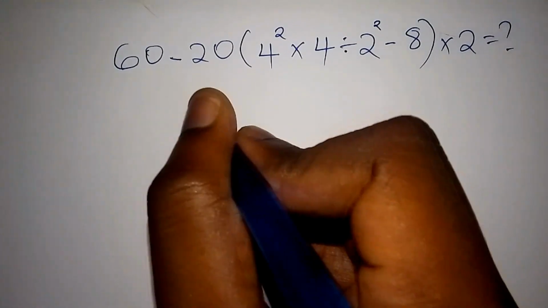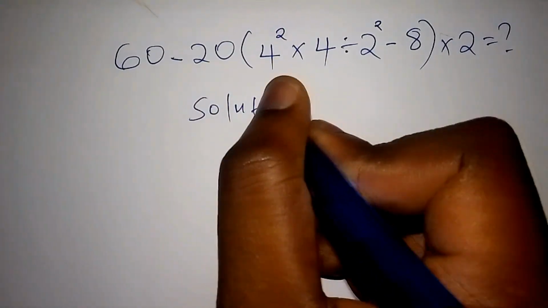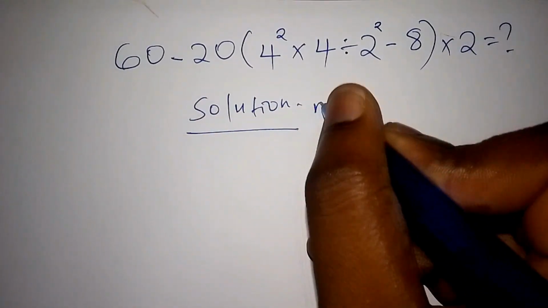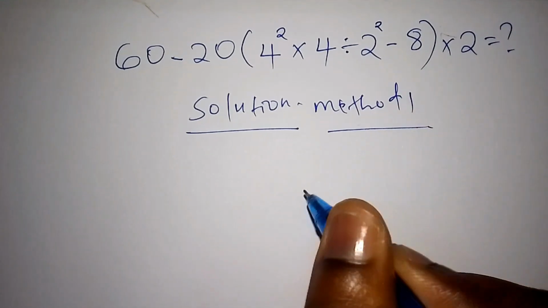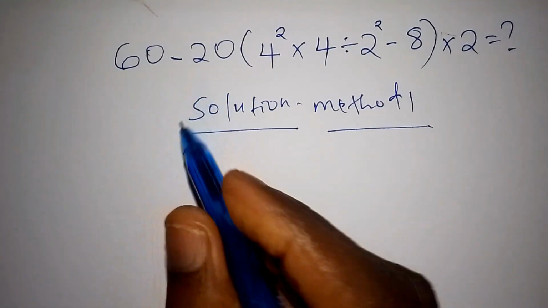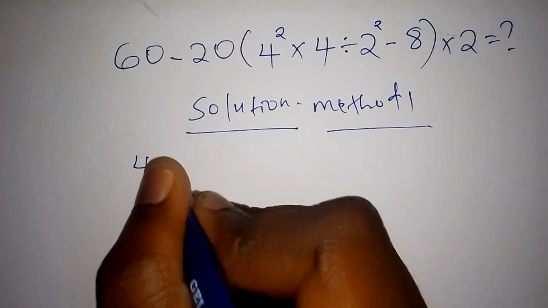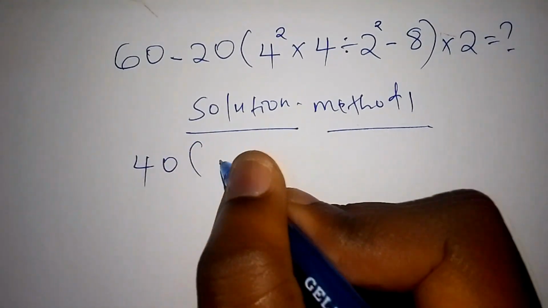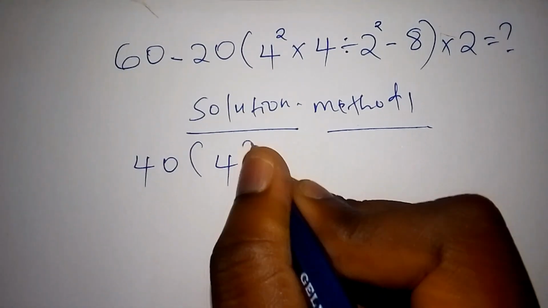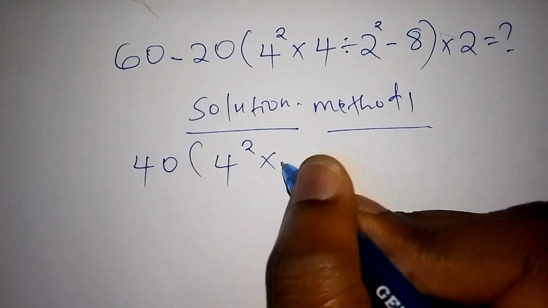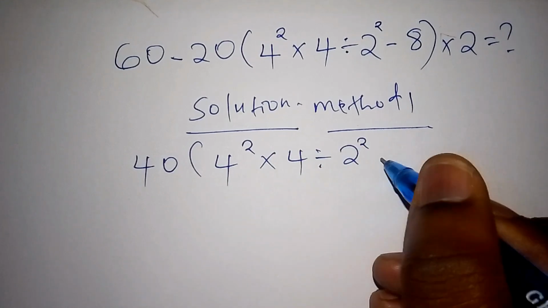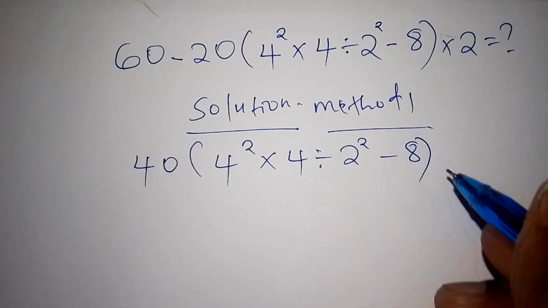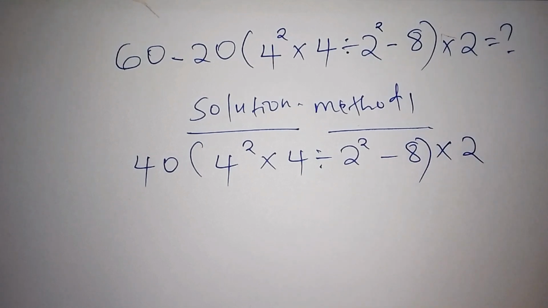So let's begin. Working it out using method 1, this is what we have. 60 minus 20, we know that is 40, then 40 into the bracket, 4 to the power of 2, then multiply by 4, then divide by 2 to the power of 2, then minus 8, close the bracket, times 2.